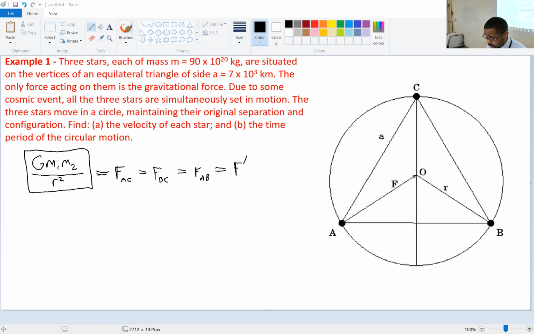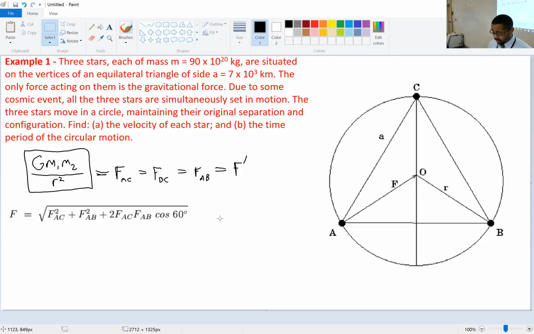It'll take me a while to write it down. So he uses this formula, which kind of seems out of nowhere, but after looking at it, it actually comes from the law of cosines. That's how you get that.